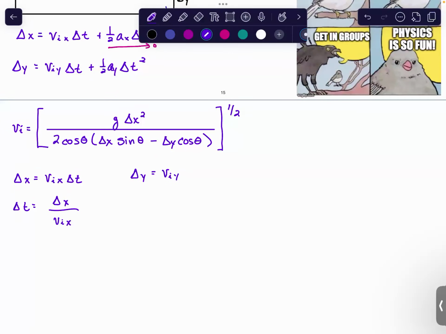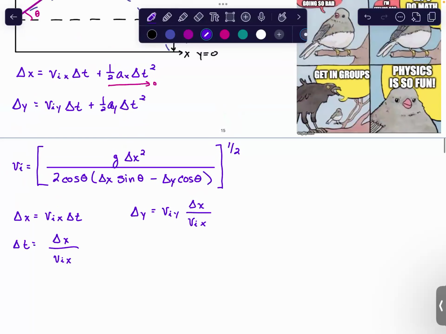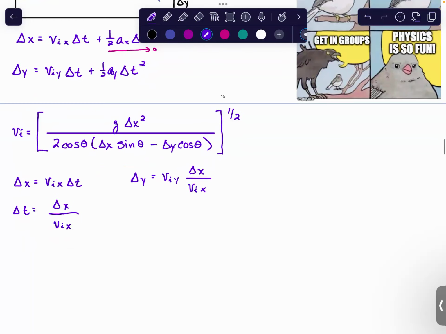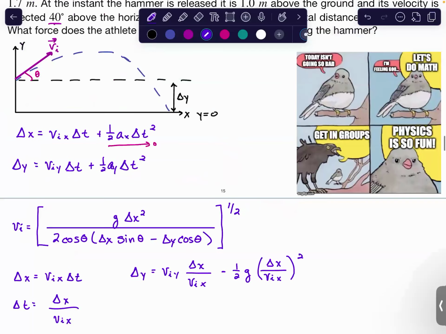We're going to substitute in delta t. And so the acceleration in the y direction is minus g. Okay? So we have to take account of the fact that there's the initial velocity we're trying to solve for.